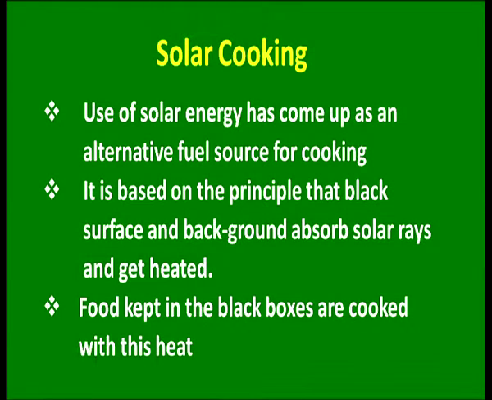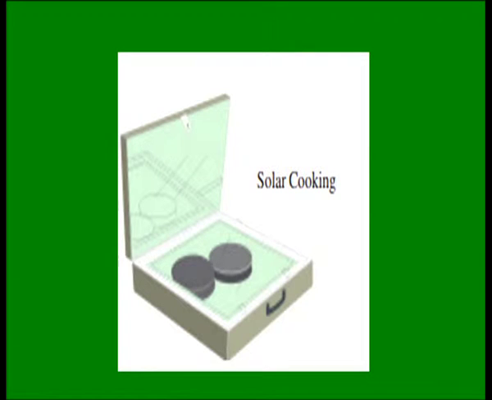It is based on the principle that a black surface and background absorbs solar rays and gets heated, and in that heat the food is kept. As you have seen in the previous picture, the food is kept inside the black box, and when the sun rays are there, they cook the food with the presence of heat.